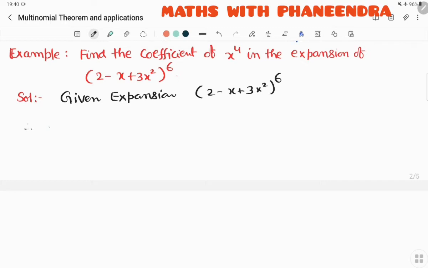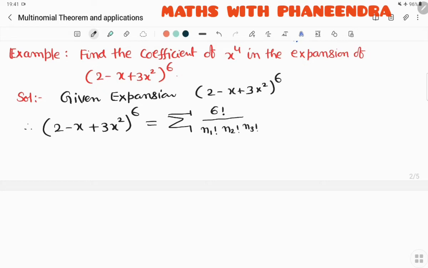So therefore (2 minus x plus 3x square) whole power 6 can be written as sigma. According to this expansion, n is equal to 6 only, no? So 6 factorial by, how many terms does it contain? 3 are there. We don't know n1, n2, n3 values. n1 factorial, n2 factorial, n3 factorial.